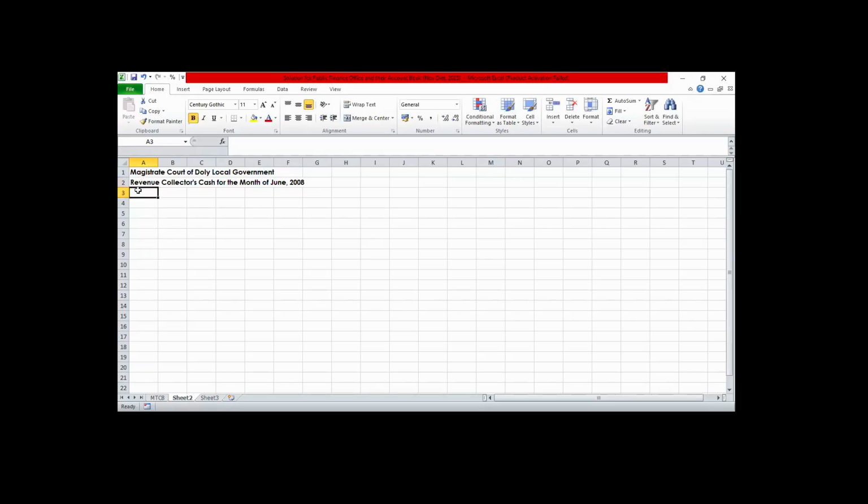What do we have as the content of the revenue collector cash book? We have the date. After date, what do we also have? Receipt number. Revenue receipt number.